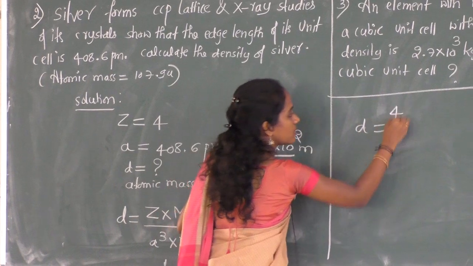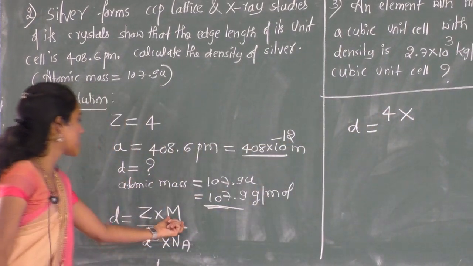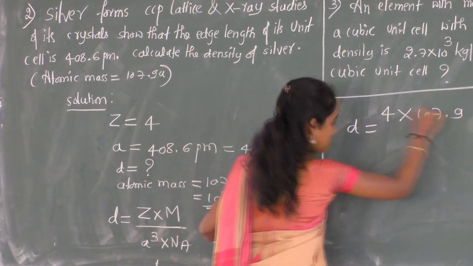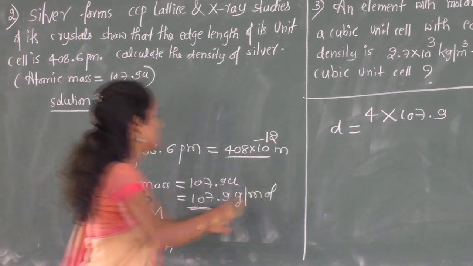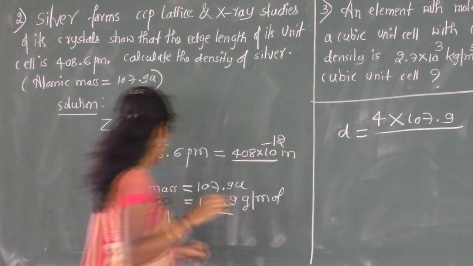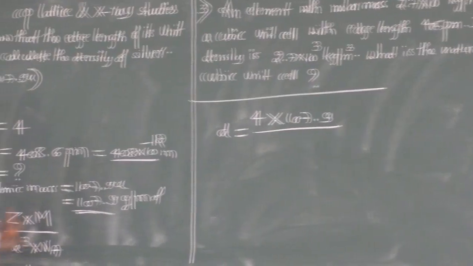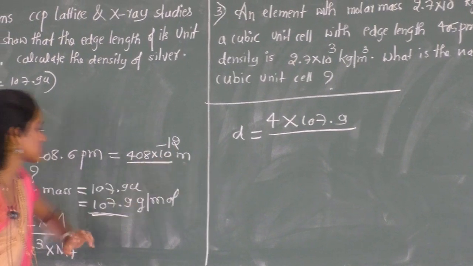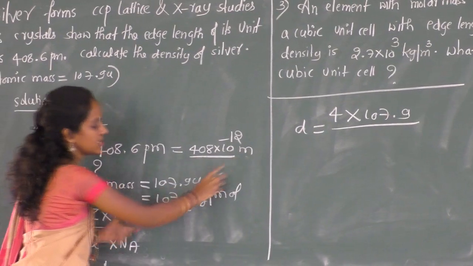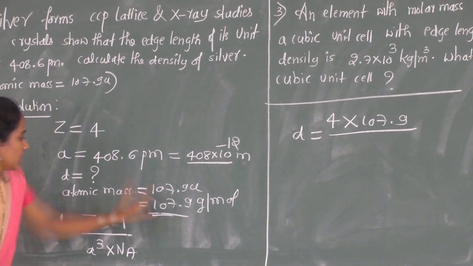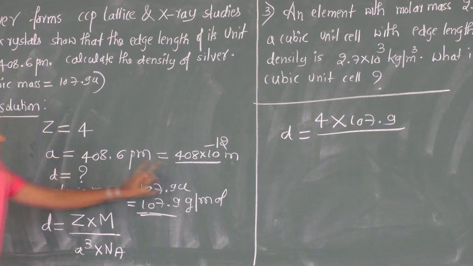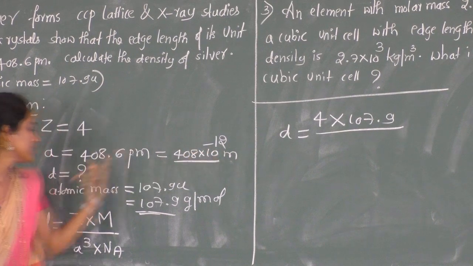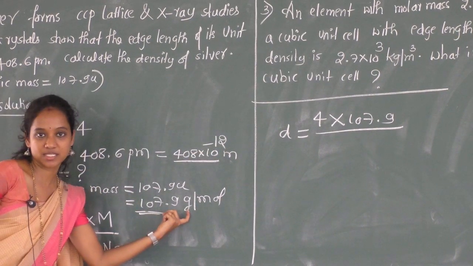So 4 into, what is the molar mass? Molar mass is 107.9 divided by a cube. What is edge length? See here, 408 into 10 to the power minus 12 meters. Before that, you need to consider here, I told you in the beginning that if the unit of edge length is in centimeters, then the molar mass must be in grams.